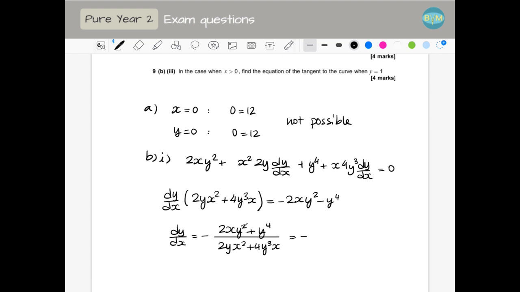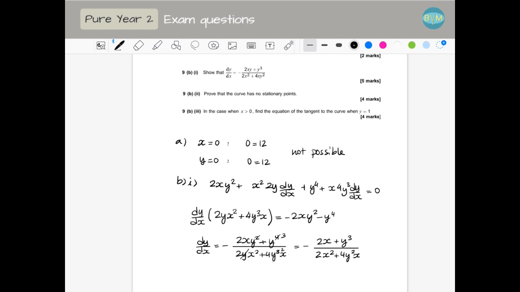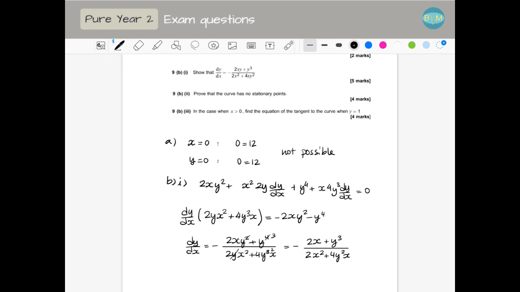So we have minus 2x plus y cubed divided by 2x squared plus 4y squared x. Yeah, that I think is what we need. Yes, it's this expression.